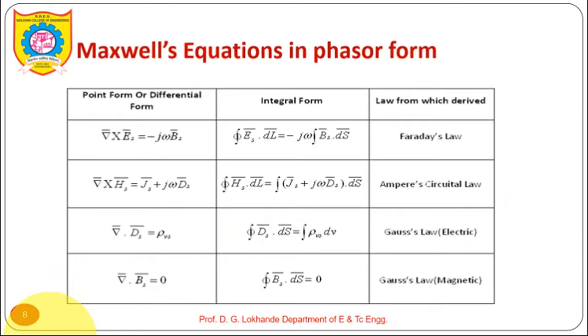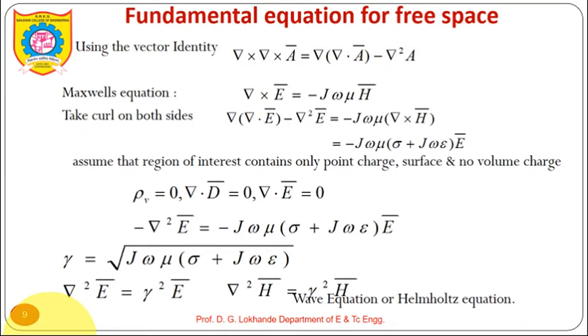So these are the Maxwell's equations again. Now for the fundamental equation of free space, using the vector quantity, we take the curl of curl of A bar, which gives the gradient of divergence of A bar minus del square A. From Maxwell's equation, curl of E bar is equal to minus j omega mu H bar.